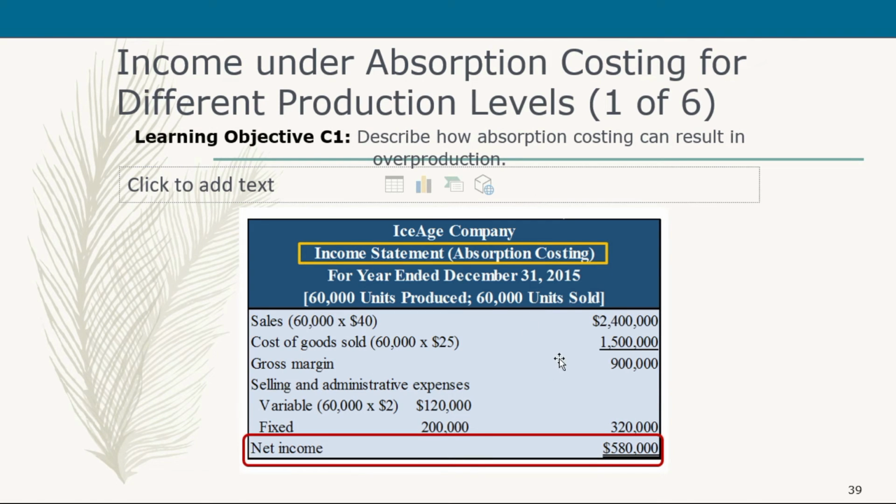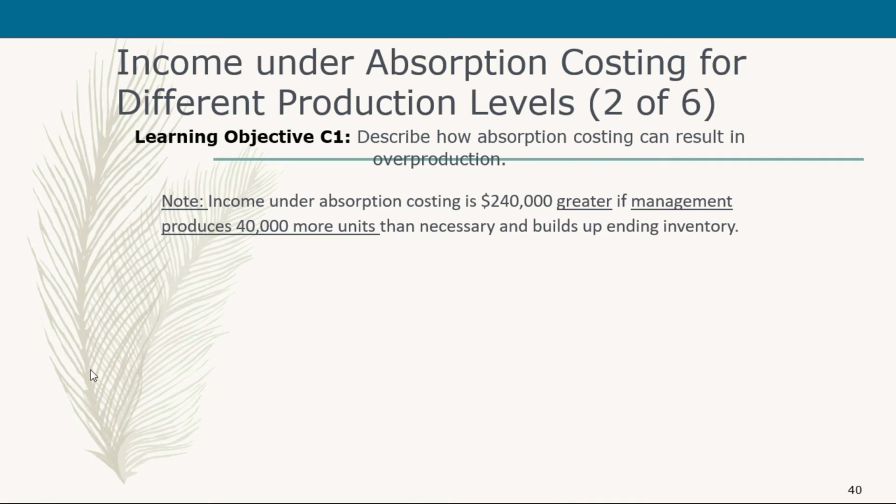So in here, under absorption costing, if we still use the figures in the first problem, wherein your units produced is equal to your units sold, we'll have a net income of $580,000. Now, please take note that income under absorption costing is $240,000 greater if management produces 40,000 more units than necessary and builds up ending inventory.